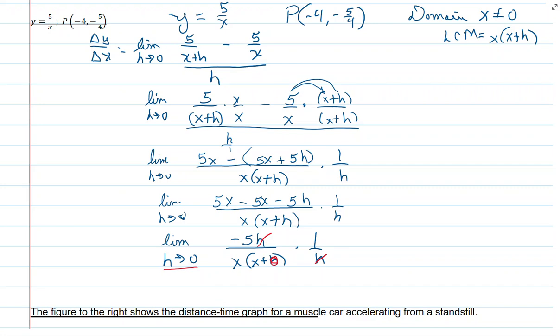So we have, as a result, the change in y over the change in x as a function of negative 5 over x squared. All right. So this is our slope if we substitute it with negative 4.